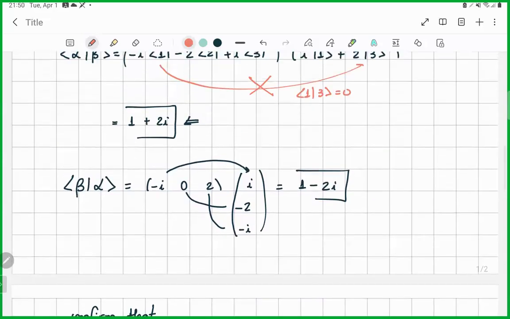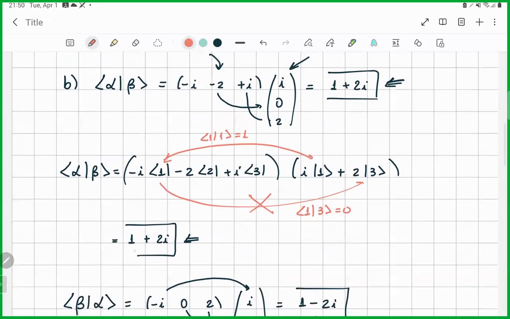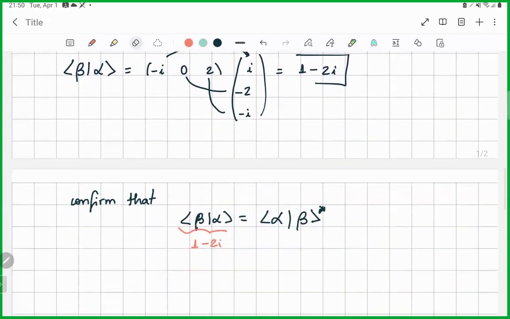And the product with alpha and beta, we got here, 1 plus 2i, right? So this is 1 plus 2i, but we are looking at the conjugate. And you see that, yes, it's true. On the left, 1 minus 2i. And on the right, the conjugate of that is 1 minus 2i. So confirmed. All right.